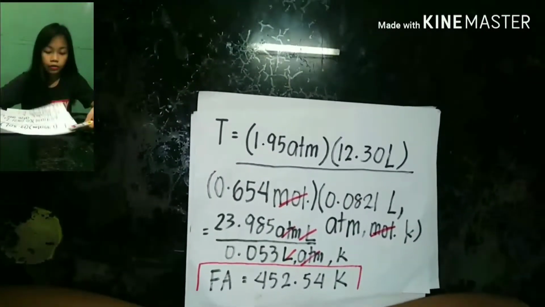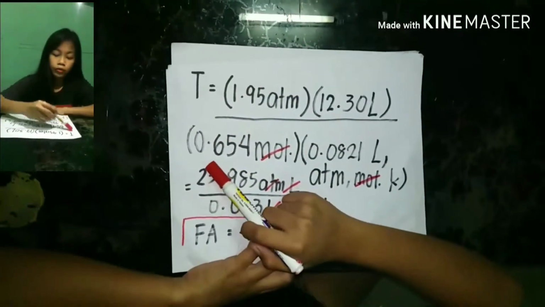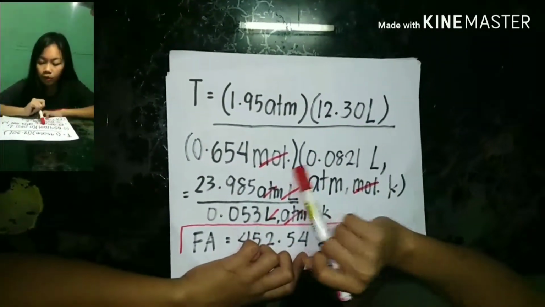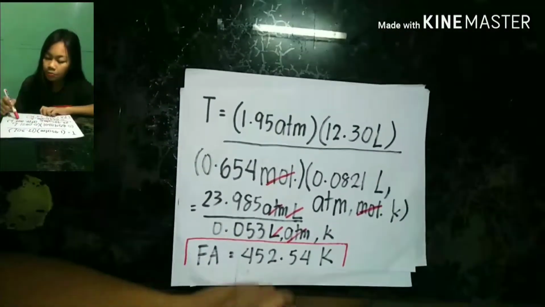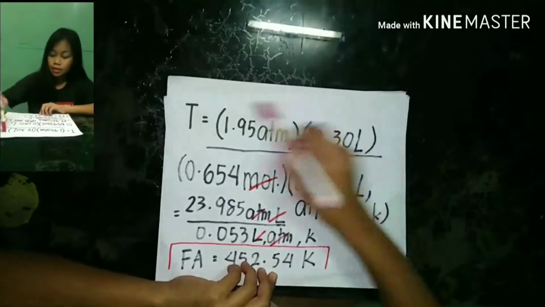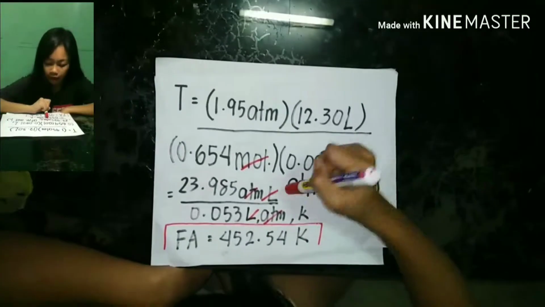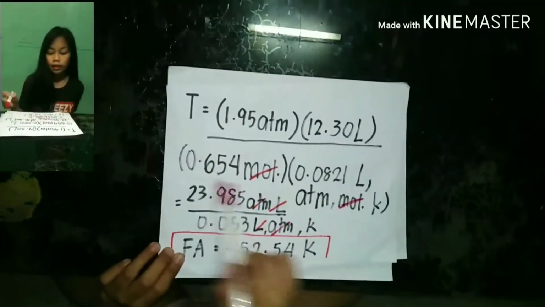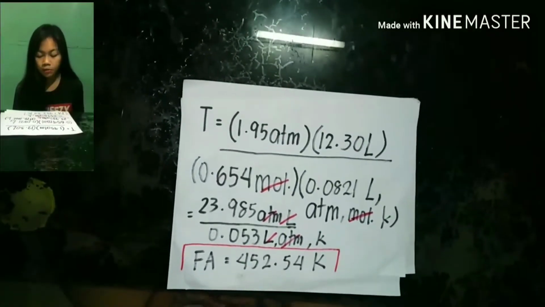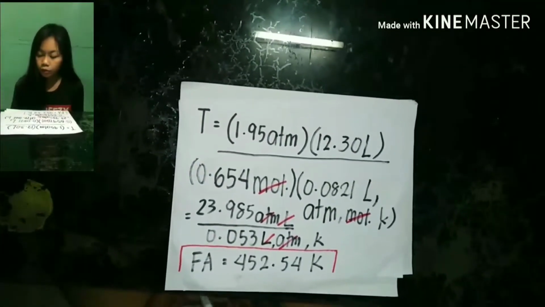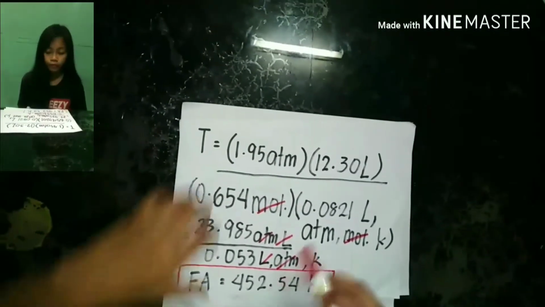T is equal to 1.95 atmosphere multiplied by 12.30 liters over 0.654 gas per mole multiplied by 0.0821 liters atmosphere gas per mole and Kelvin. You just multiply these two: 23.985 atmosphere liters, and multiply these two: 0.654 gas per mole multiplied by 0.0821 liters atmosphere per mole Kelvin.